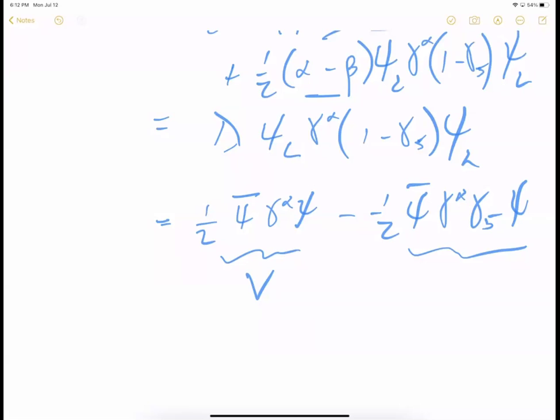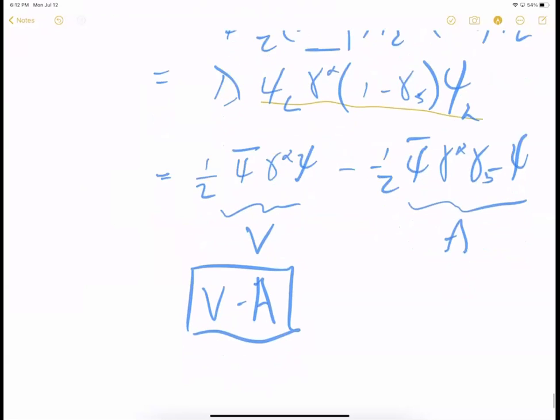You probably encountered that angular momentum is called an axial vector, right? It gives you an axis. So this is an axial vector, and this gives what's called the V minus A interaction. That's essentially the unique thing that you can build that maximally violates parity. And the V minus A interaction turns out to be a good description of the weak interaction.